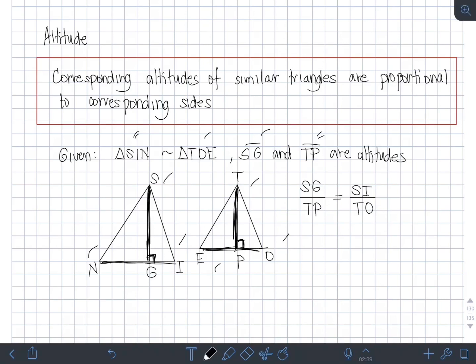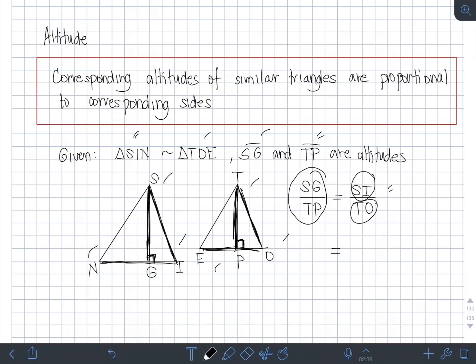So this time, just like sa median, yung ratio din ng dalawang altitude dapat proportional sa ratio ng corresponding sides. So pag kinuha natin yung ratio ng dalawang altitudes, so SG over TP, dapat equal siya sa ratio ng kahit anong corresponding side. So in this example, ginamit is etong SI over TO.